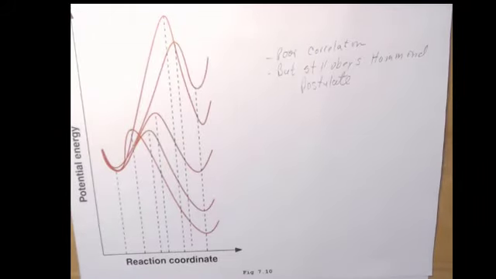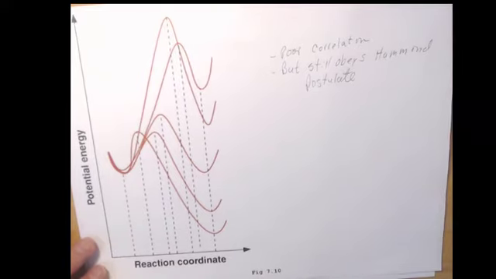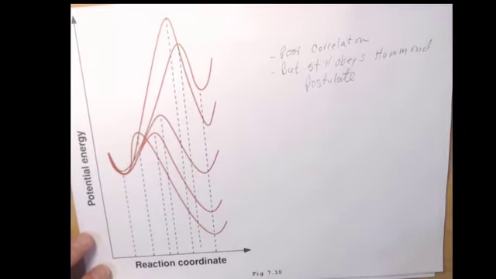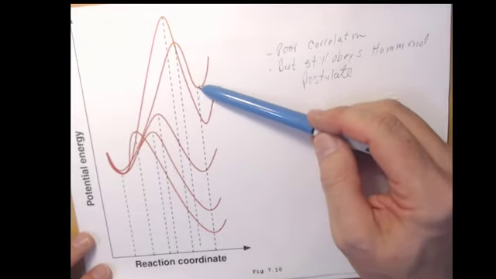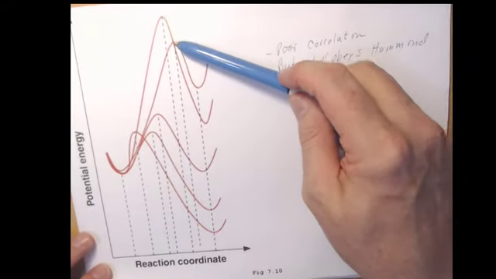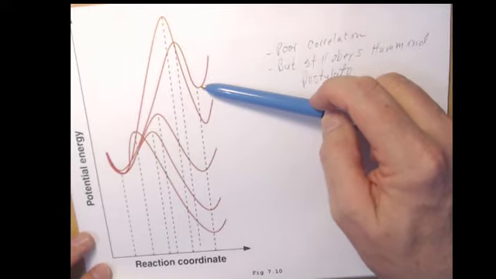Okay, so in those illustrations, the Hammond postulate gives a very direct correlation. Now, in this case, the correlation isn't as direct, but it still obeys the Hammond postulate. If you look, the endothermic step, the transition state, is closest in energy to the product.